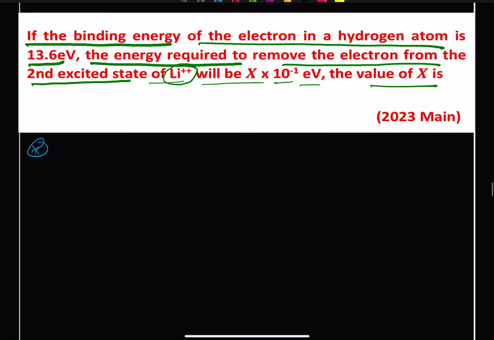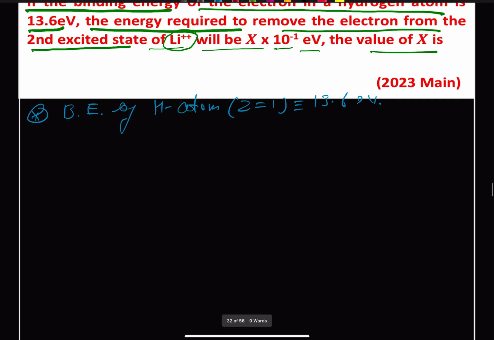So we are given that the binding energy of the hydrogen atom, where the value of Z is equal to 1, is 13.6 electron volt.